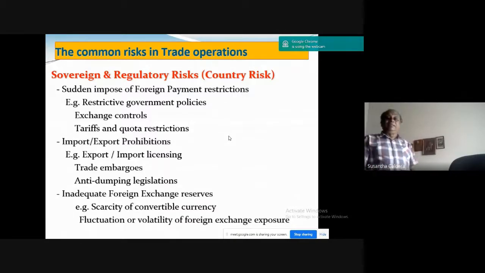Common risks in trade operations. We have some other things we have just covered; again, we are reiterating some of the risks. One is sovereign and regulatory risk, that is country risk. Some countries may suddenly impose foreign payment restrictions.